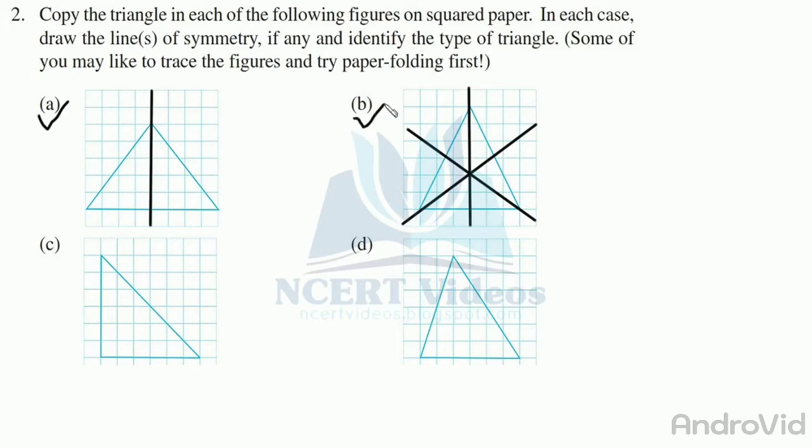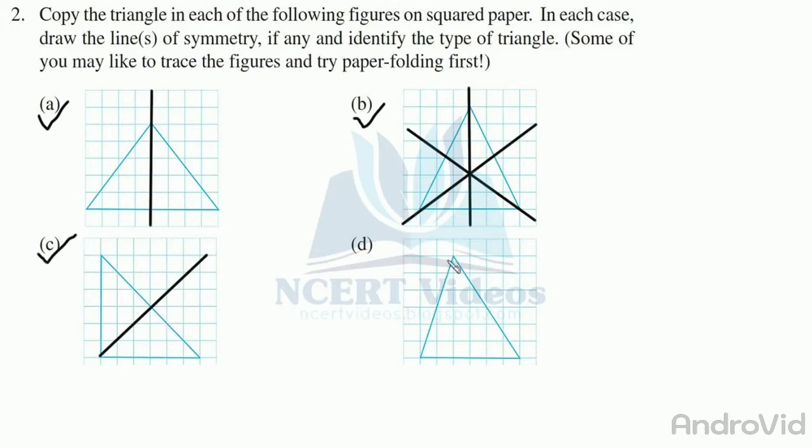That was your B part. Now see, this is a right angle triangle. Here it is right angle, and it has again one line of symmetry. No other line of symmetry is possible in the case of a right angle triangle.